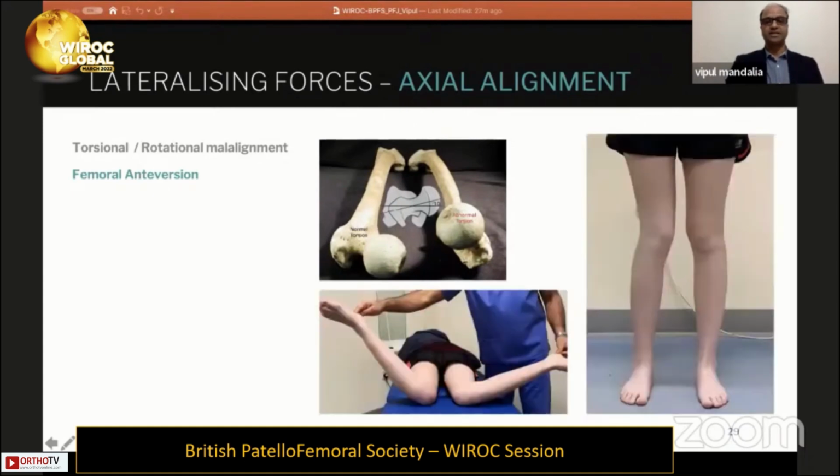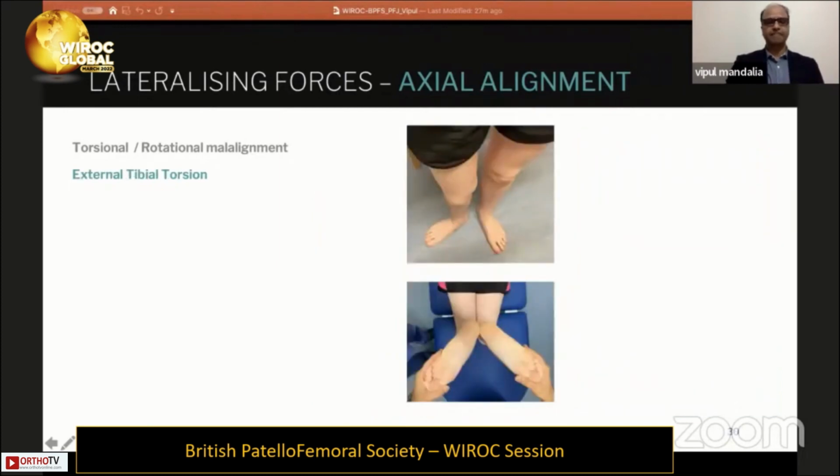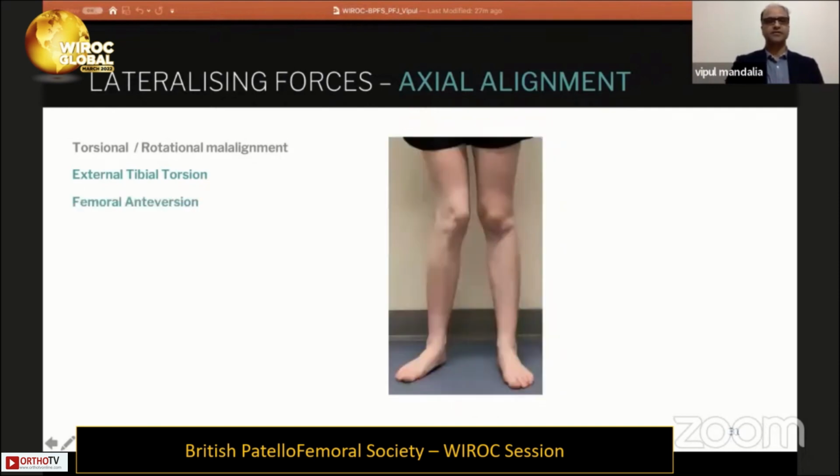When you have femoral anteversion, essentially your trochlea is moving more medial in relation to the patella, and it is relatively causing lateralized forces. Another factor that can cause lateralizing forces is external tibial torsion. With external tibial torsion, your tibial tuberosity is more lateralized, and therefore any active extension will have slight lateralizing forces. And very rarely, a patient will have a combination of external tibial torsion and femoral anteversion. This could be a challenging problem, both for the patient as well as for the treating clinician.